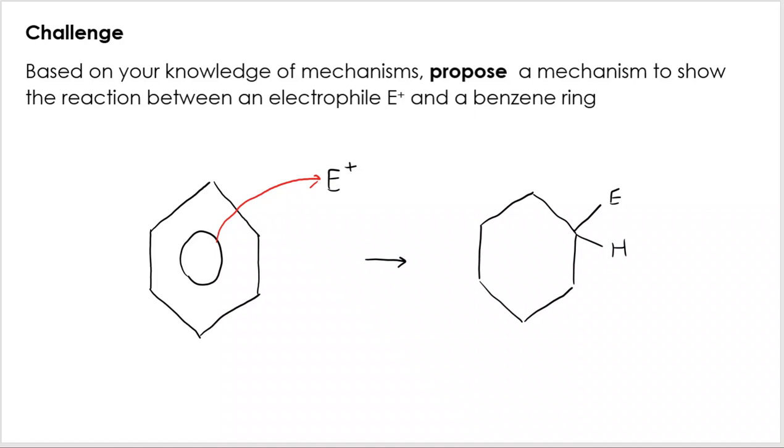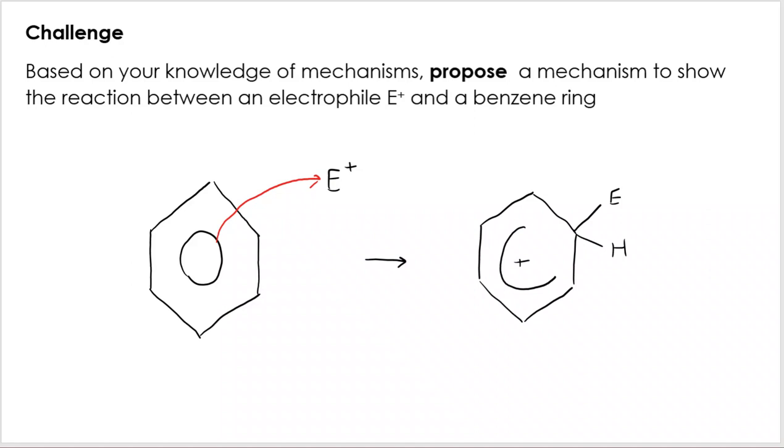But I'm not done yet, because I now don't have 6 electrons in the delocalized ring. I only have 5, so my delocalized ring is broken. I represent that by showing a broken ring, which you can see is coming as far as, but no further, than the carbons that are adjacent to the one that the E has been added to.